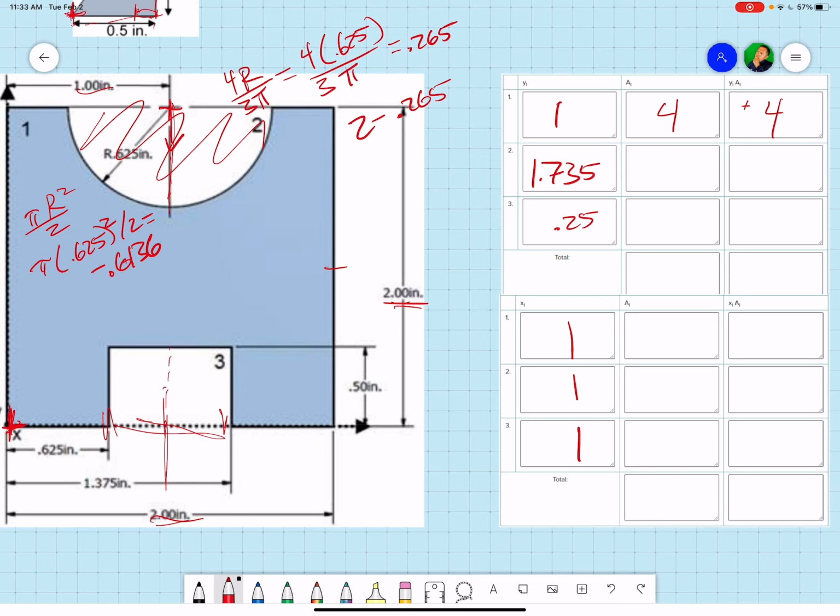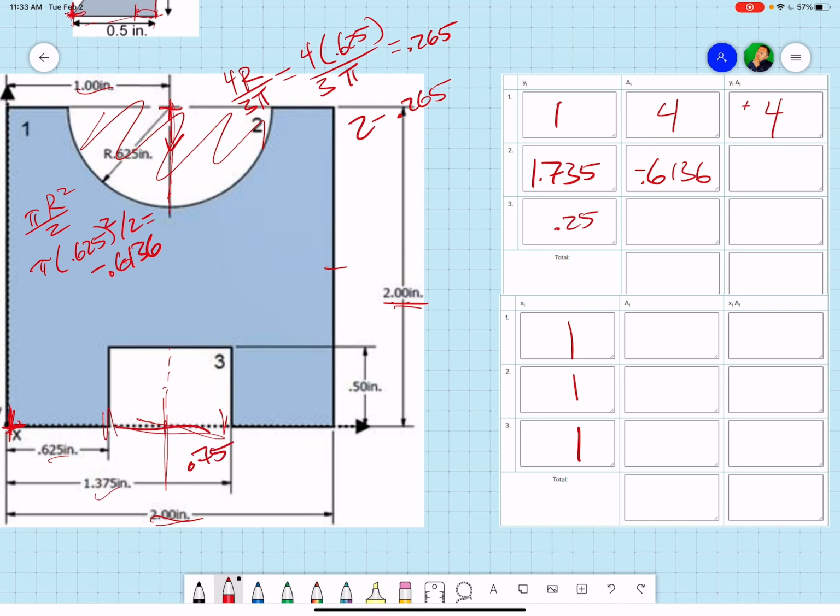So I'm going to put this area negative 0.6136. All right, now rectangle, that is going to be just base times height. And the base is just 1.375 minus 0.625. So 1.375 minus 0.625 is 0.75.